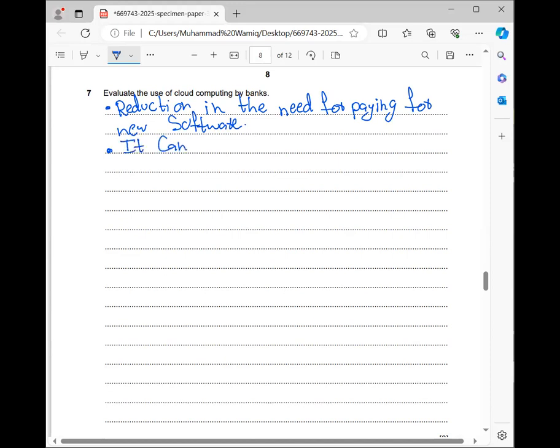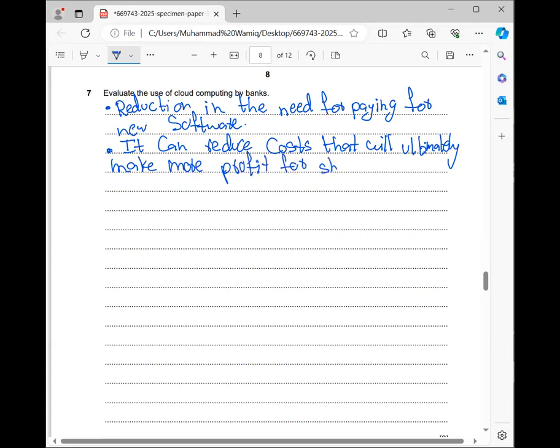It can reduce costs that will ultimately make more profit for shareholders.